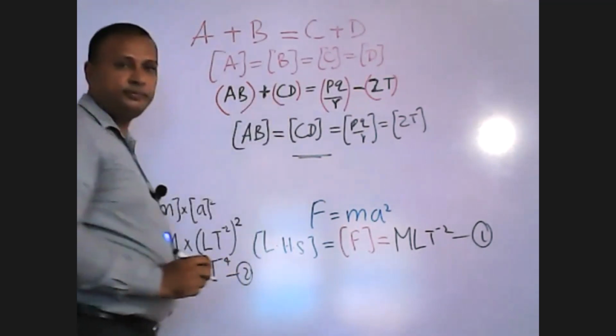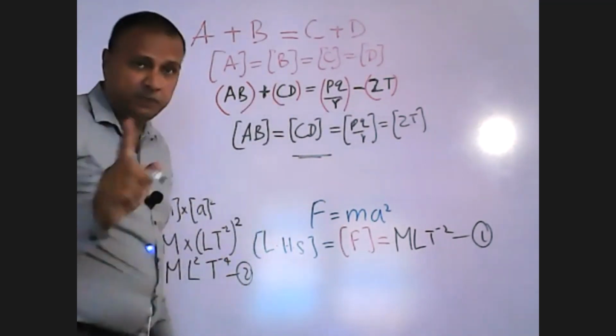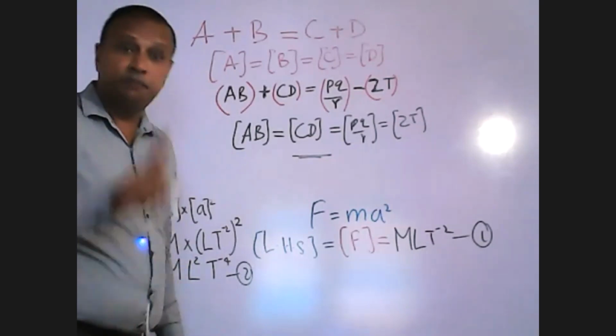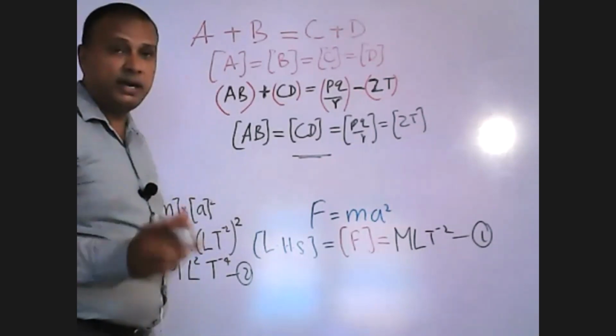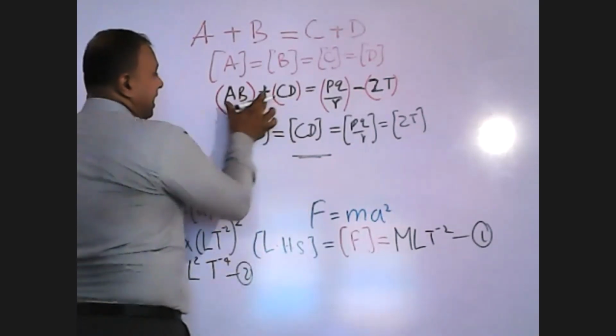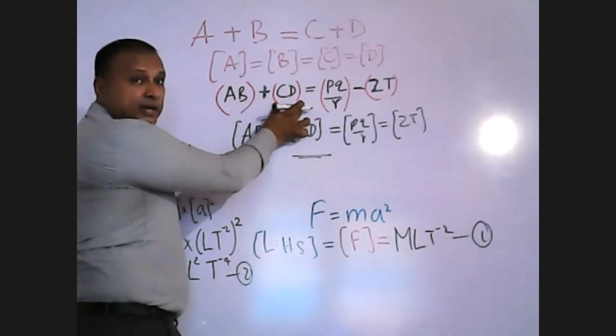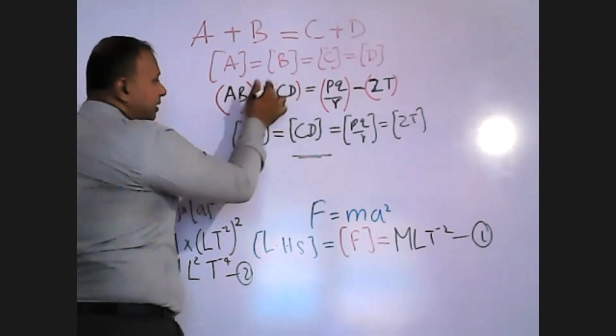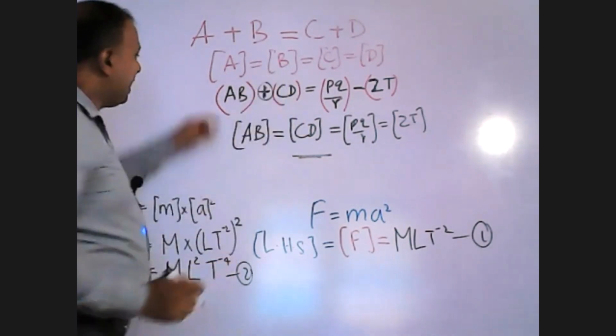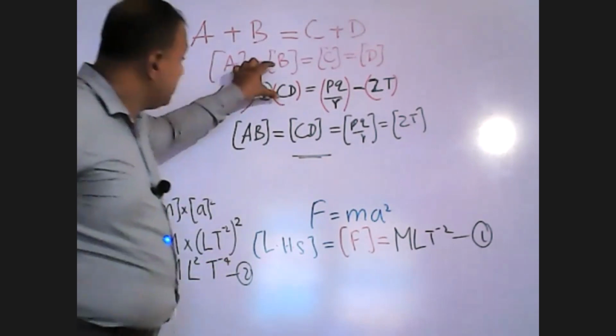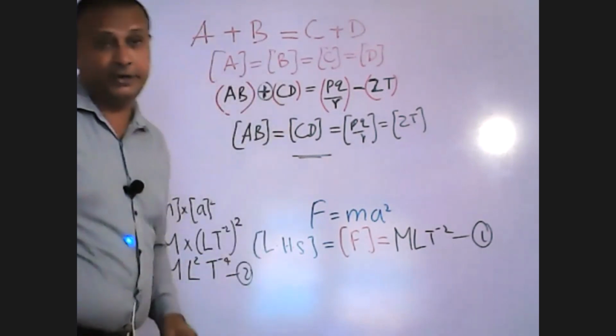In this case, AB is connected with CD with this sign. So AB is a term and CD is another term.